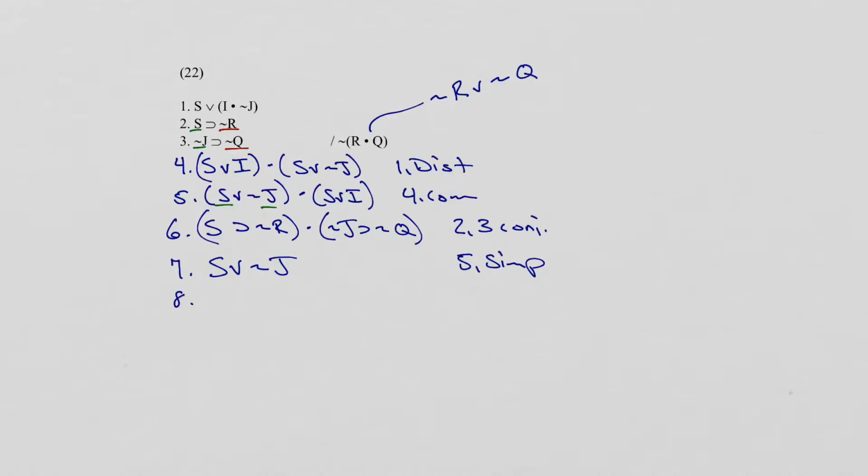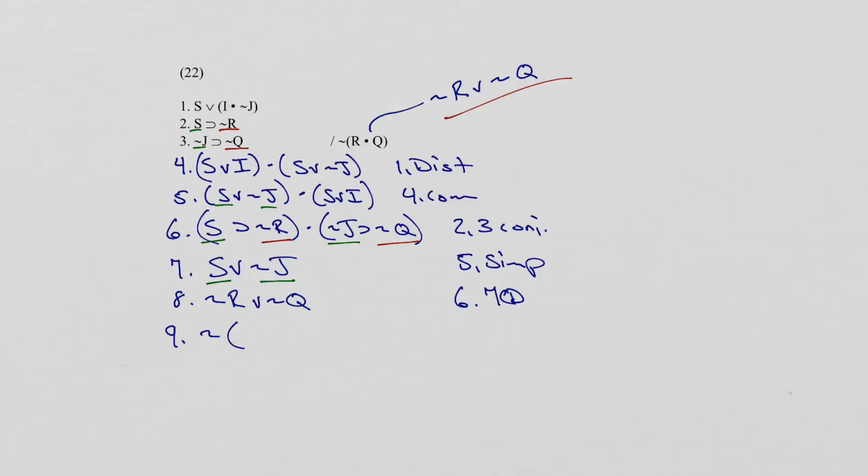So just in case you're not seeing it, you have S or not J, S, not J, and then you have not R, and then you have not Q, which is exactly what we need up here. So we'll use 6 and 7, and we'll use CD, and we're going to get not R or not Q. Perfect.